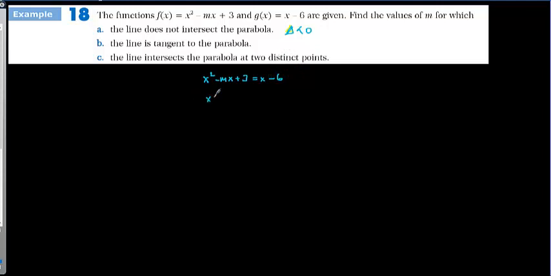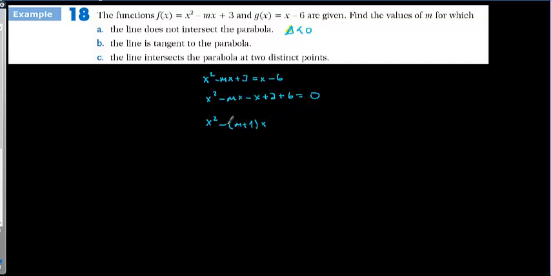Then x squared minus mx minus x plus 3 plus 6 is equal to 0, which means x squared minus m plus 1 in parentheses times x, because this is m, it's written here, and minus 1.